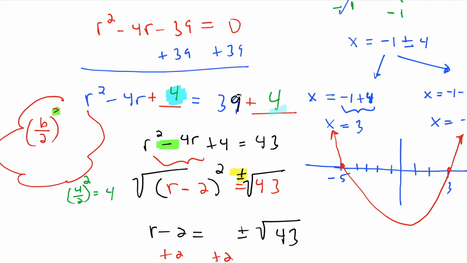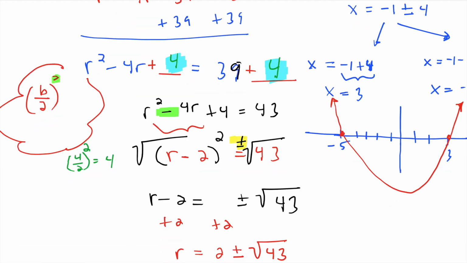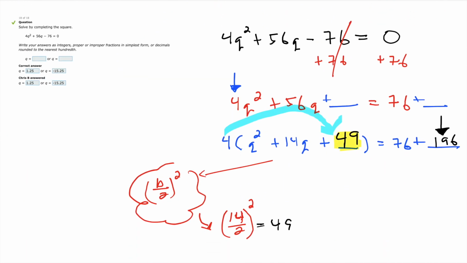So then we put a 4 over here, right? But what we did was we pulled out a number to make things easier for us. But that number is supposed to be multiplied by everything here. So when you drop a 49, you get it? Okay.